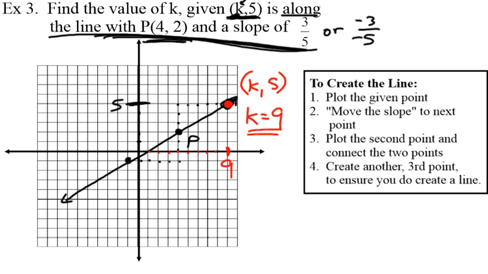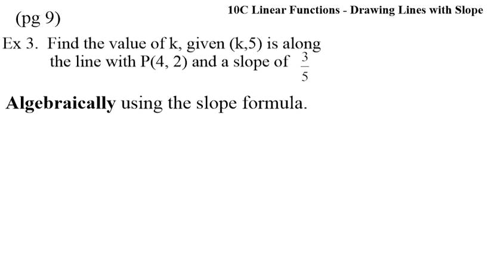Using the knowledge of lines. Now this same question though, it tells us algebraically figure that out. Algebraically using the slope formula. Well, what do we know in this case? We know that we have a slope of 3 over 5.